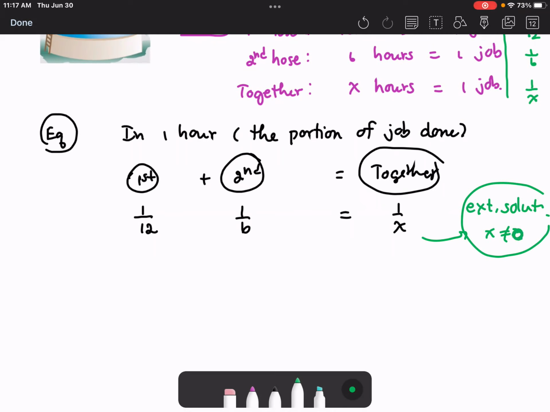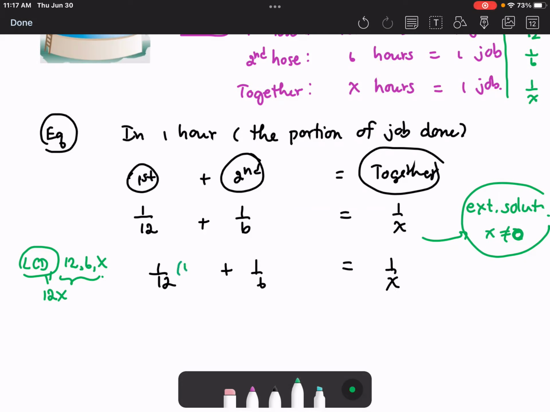And the LCD would be the product of 12, 6, and x, which is 12x. So multiply all by 12x. 1/12 plus 1/6 equals 1/x.